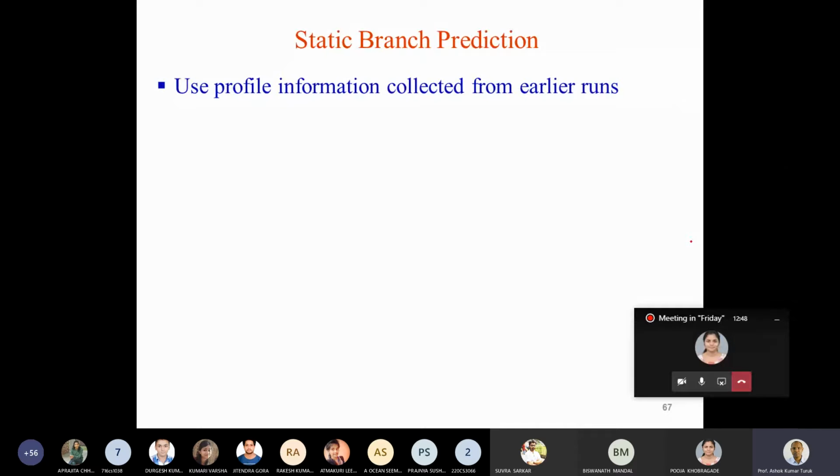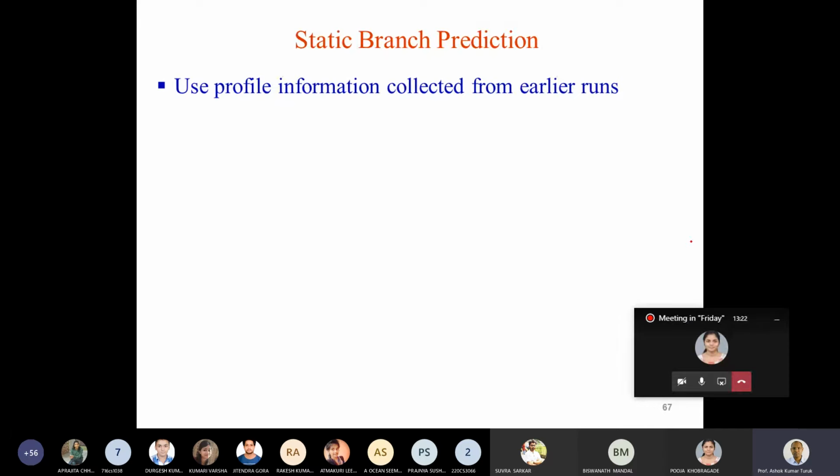Now, a static prediction is done by the compiler. In static prediction, the compiler uses the profile information collected from the previous run of the program: what is the behavior of the branch instruction, or how the branch instruction behaved in the previous execution of the program.